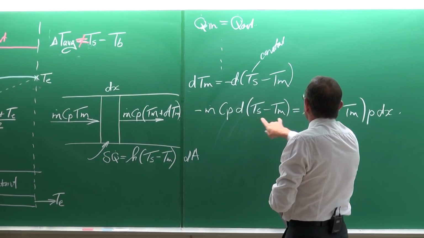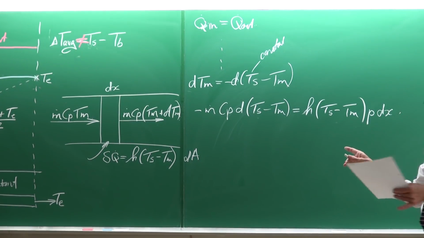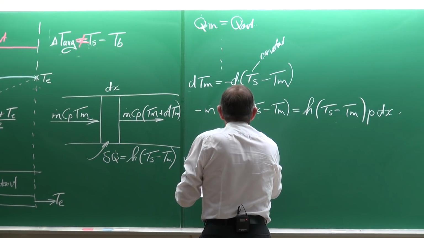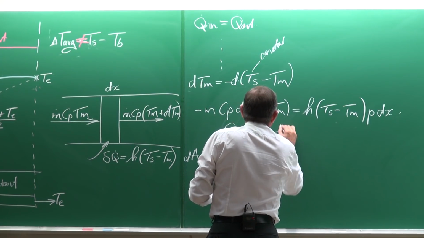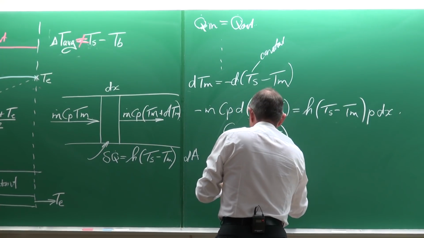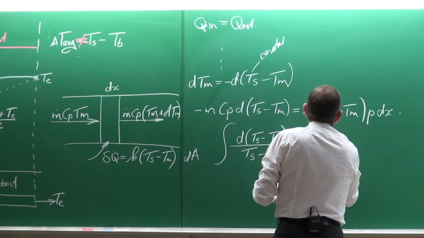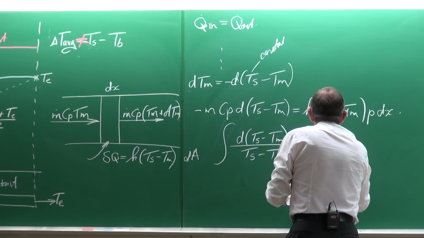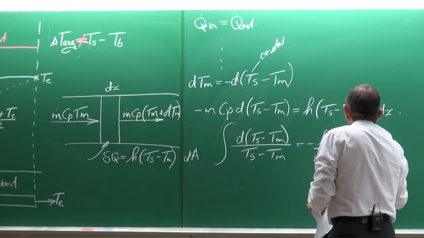Now, here you can see that we're going to have a ln solution. And the result is that you can write this as d(Ts minus Tm) divided by (Ts minus Tm) is equal to minus all the constants, the heat transfer coefficient multiplied by P, over m dot Cp, dx.